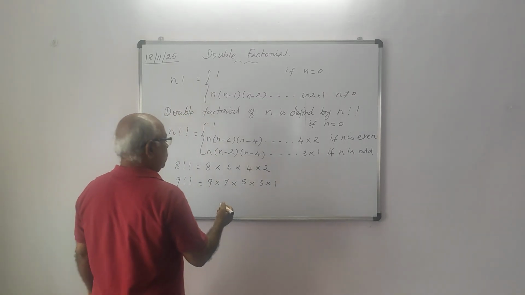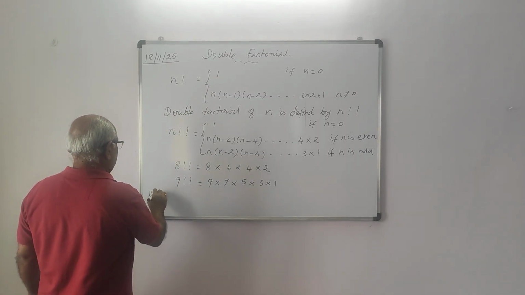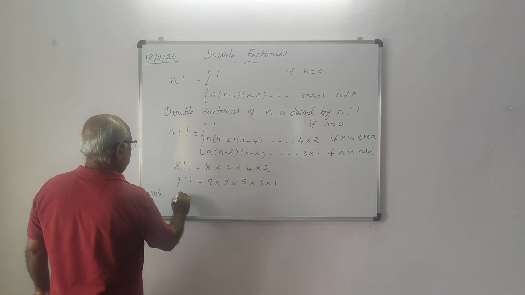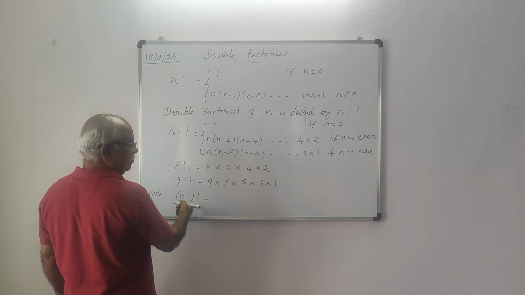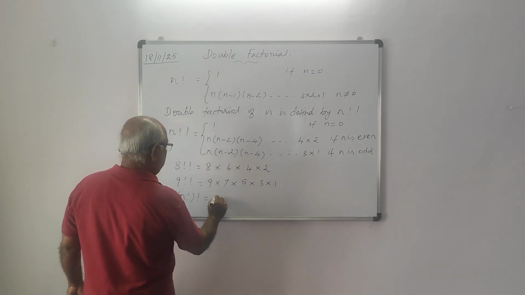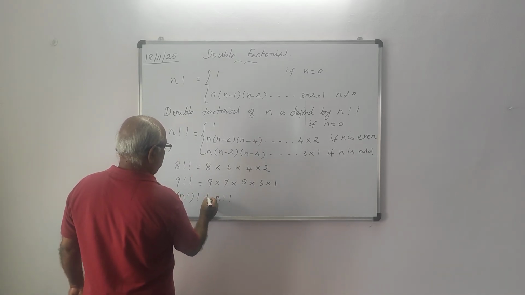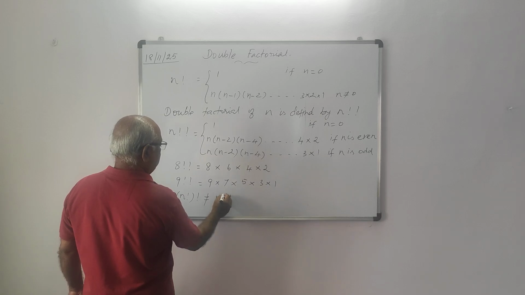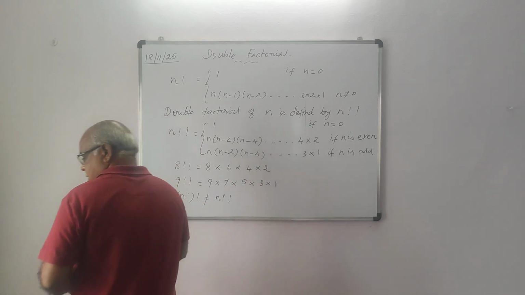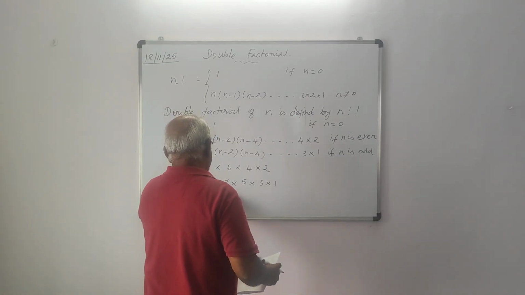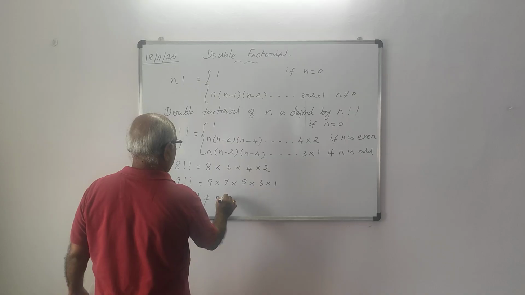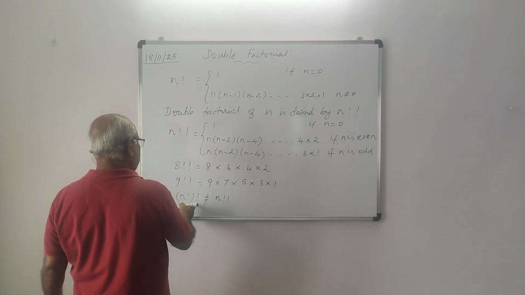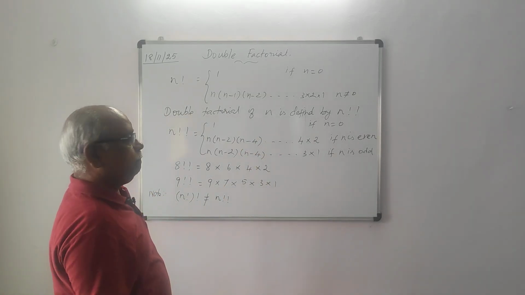And also you can find one note: n factorial of factorial, that is, n factorial factorial, is not equal to n double factorial.